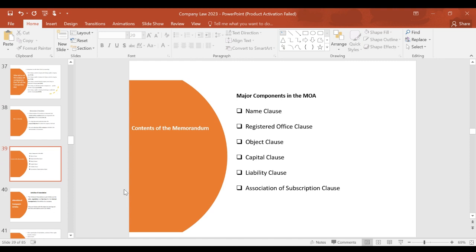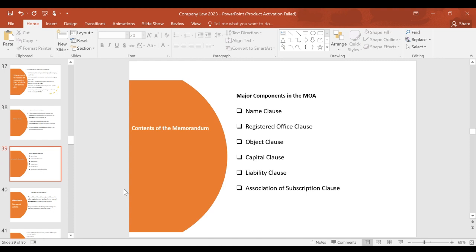And that is a clause that must be within that memorandum of association. Now, other than the name of the company or the proposed name, we also have the registered office. A clause must expressly state the registered office of that company.